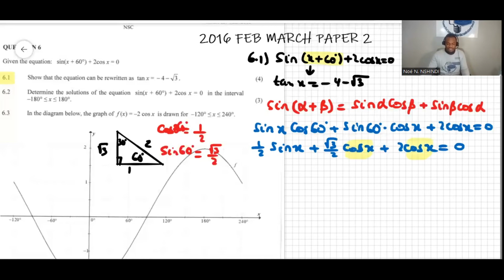We can take cos x as a common factor: 1/2 sin x plus (√3/2 + 2) in the bracket, times cos x, equal to 0.